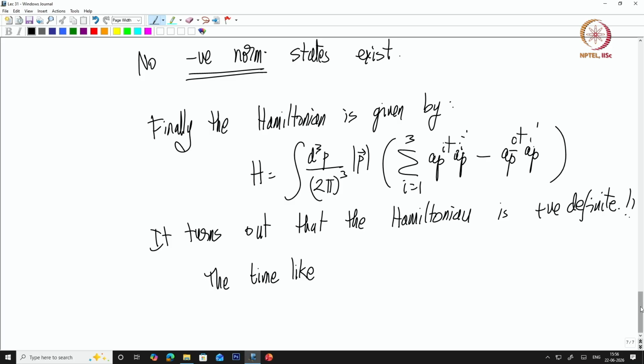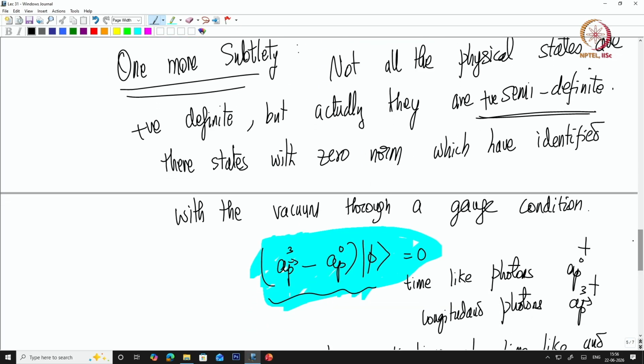Sorry, I should mention this is 3, remember this is the third. Let me make it more explicit: this is longitudinal, and this is time-like.